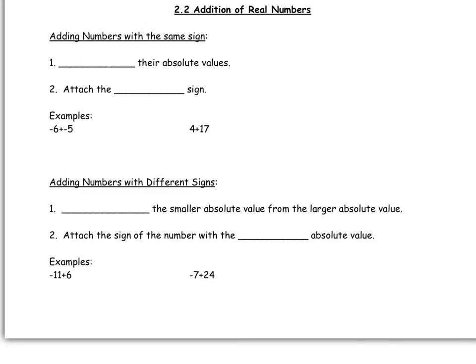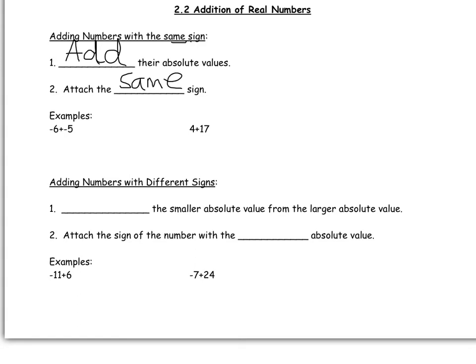In section 2 of chapter 2, we're going to be talking about addition of real numbers. With adding real numbers, you have to pay attention to whether the signs are the same or different. If the signs are the same, both positive or both negative, you add their absolute values and attach the same sign.